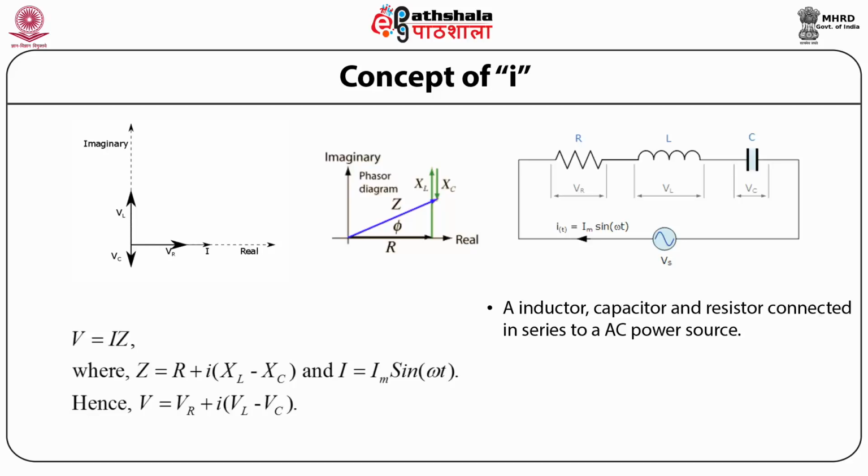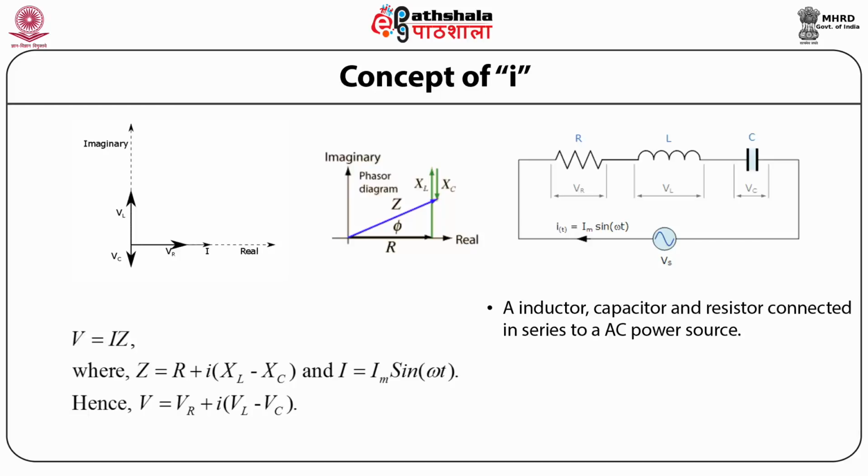So, the left side center image of the page indicates there is a VR and you see an I and you see the word real. So, that means the voltage drop VR which is happening across the resistor, and there is a current I which is flowing in the whole circuit, is always in phase, and they are always on the real axis, or let us say on one axis.